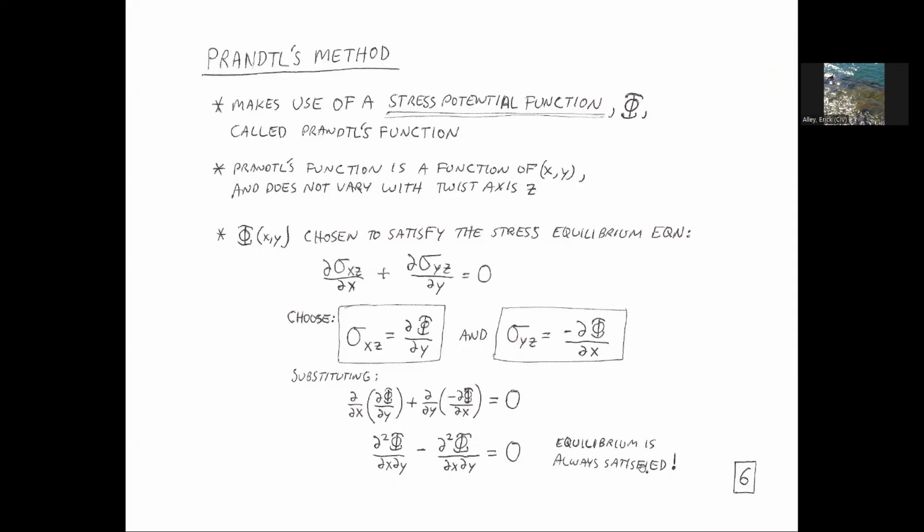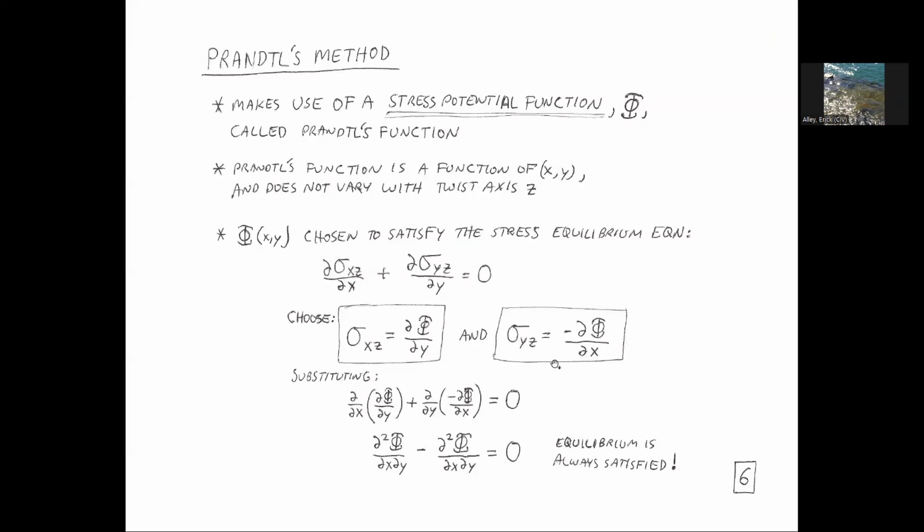So if I put those in right here, notice he went with the opposite derivative from what's already in this equation. So I've got d Prandtl dy in for xz, and it gets an x derivative. And if I've got minus d Prandtl dx, and there's already a y derivative here, that means I'm going to get a dx dy on the same function. So for sure, no matter what I pick for this capital phi, this Prandtl function, this equilibrium is always satisfied as long as the stresses come out like this.